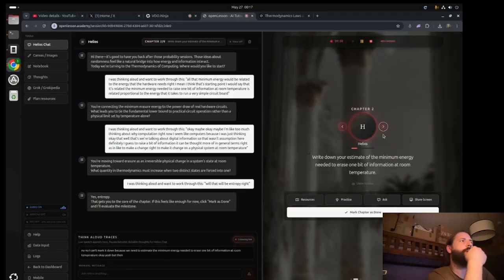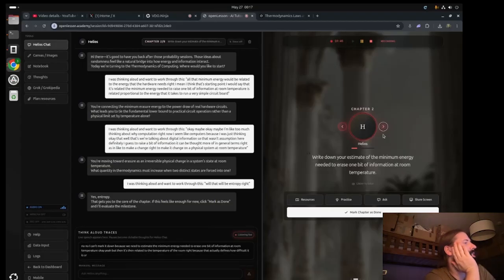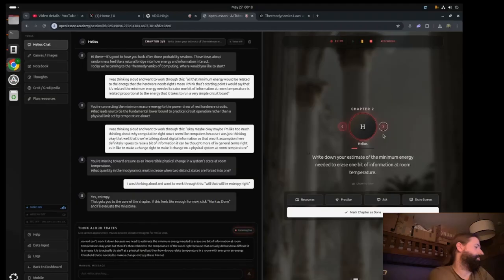Okay, yeah, but then it's related to the temperature of the room, right? Because that defines how difficult or easy it is to do stuff at a physical level. But then how do you relate temperature in a room with energy, or an energy threshold that is needed to make a change or to increase entropy? I'm not sure.